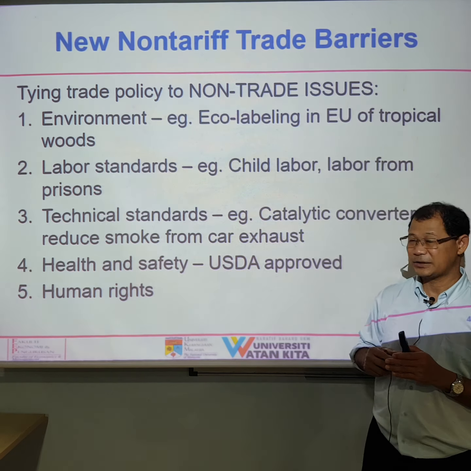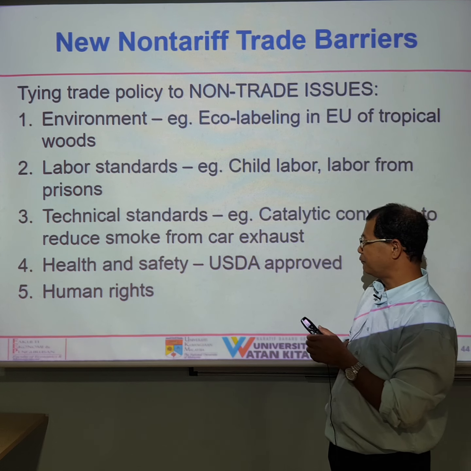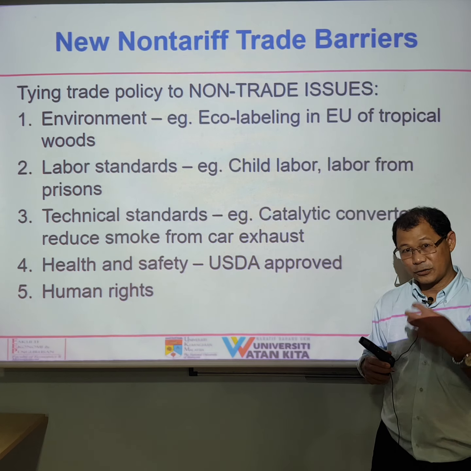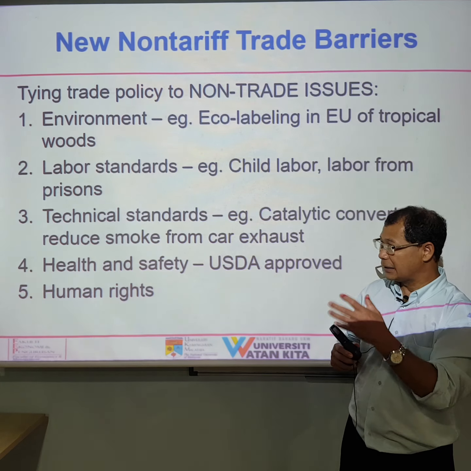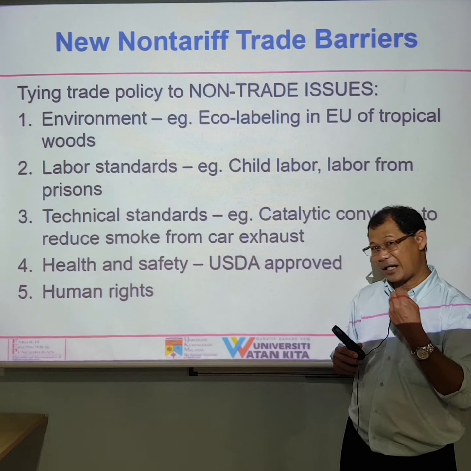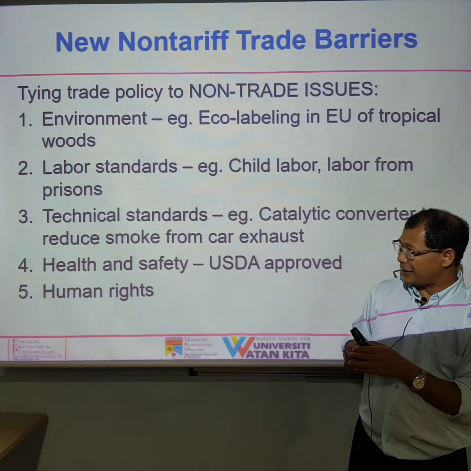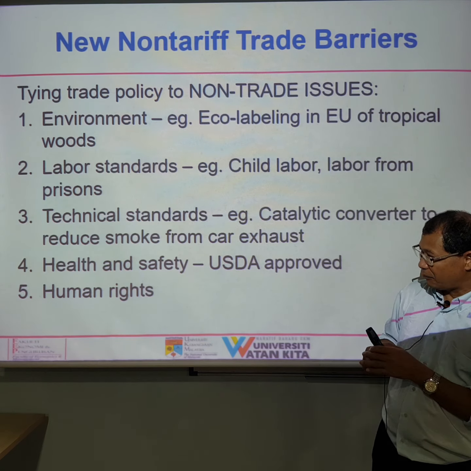Technical standards, for example, catalytic converters to reduce smoke from car exhaust. There's a way of using technical standards to stop imports of cars coming into the United States. Health and safety: products, if agriculture and so on, and medicines must be approved by the USDA, the United States Department of Agriculture.